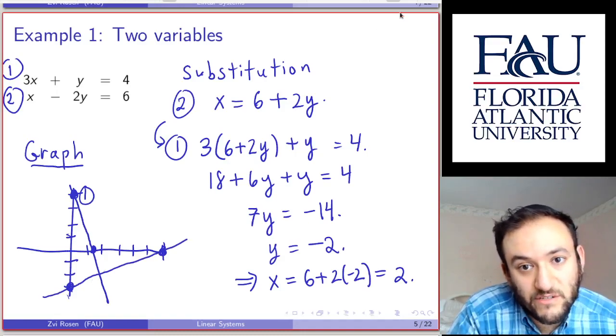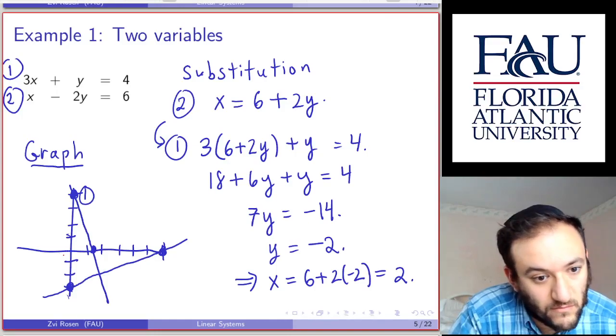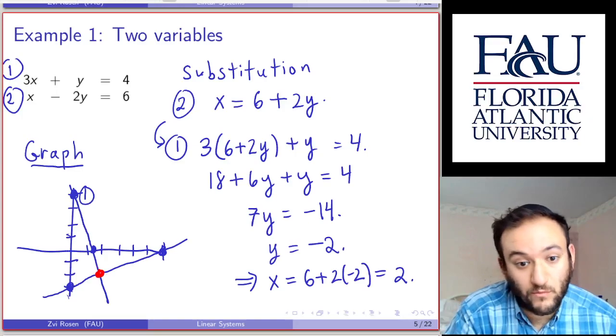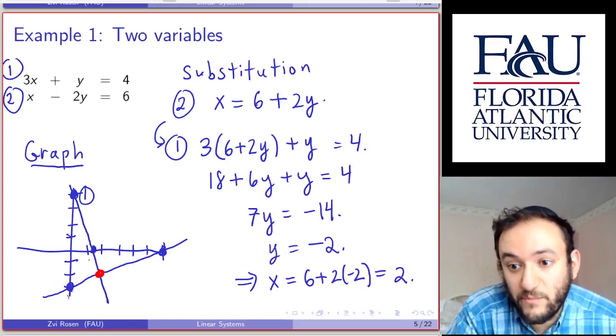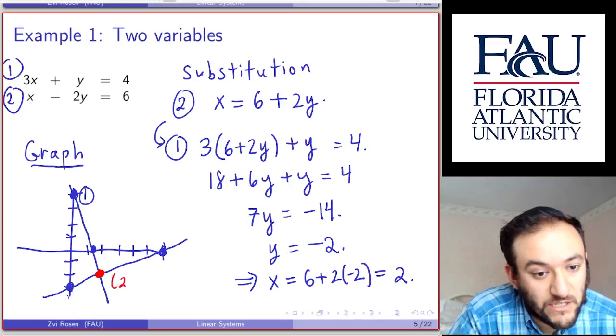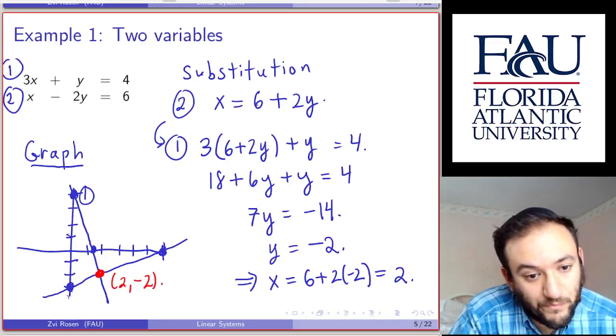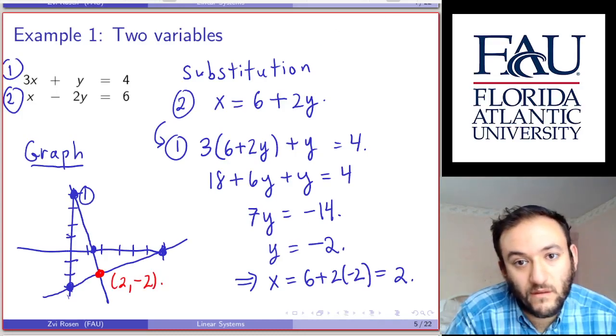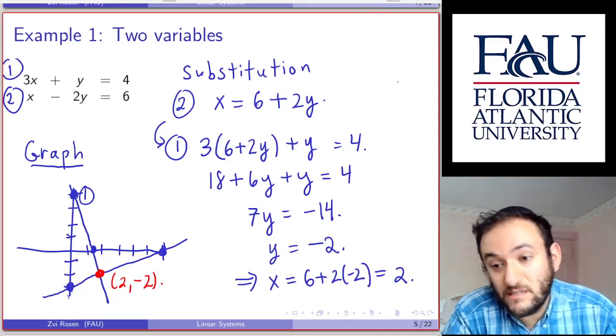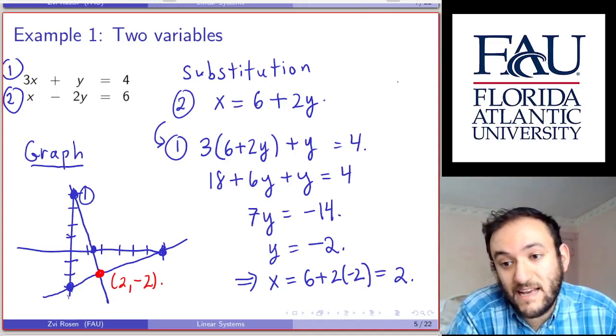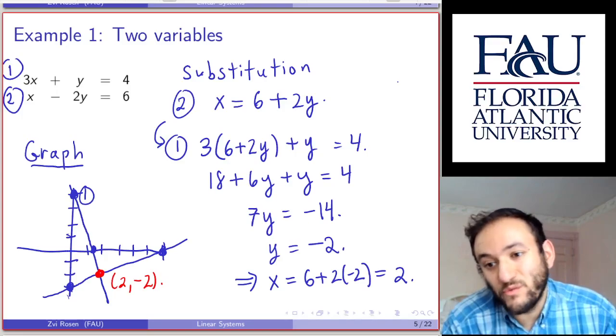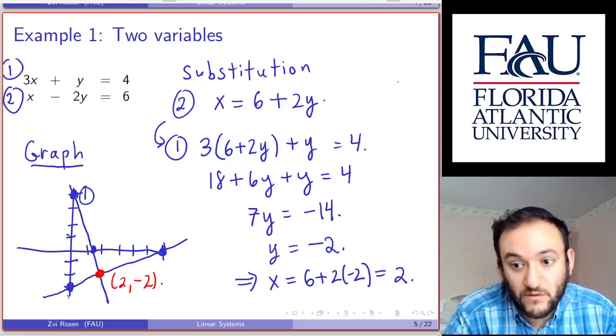And this point of intersection is exactly the point that we found using algebraic manipulation, which is (2, -2). And so that is the unique solution to this system, because it has to be on both lines. There's only one point where both of those lines meet.